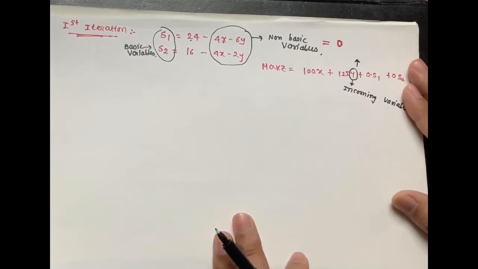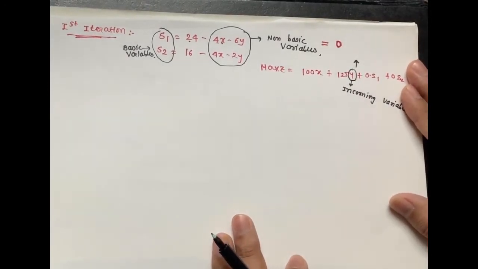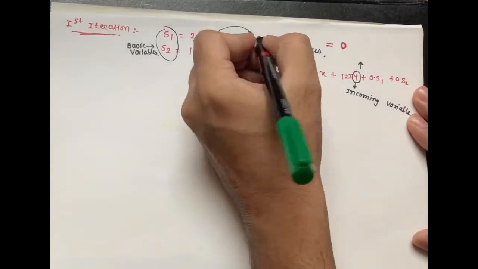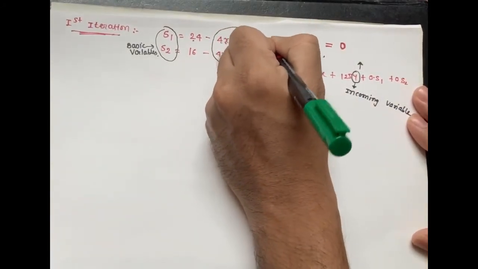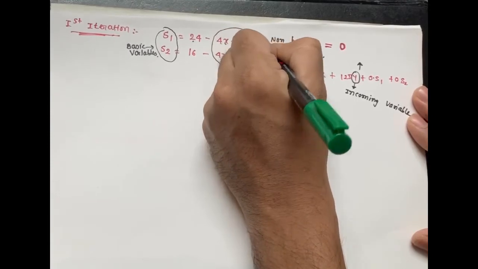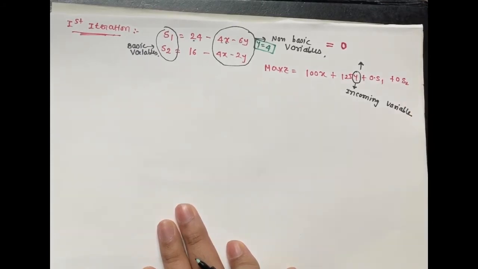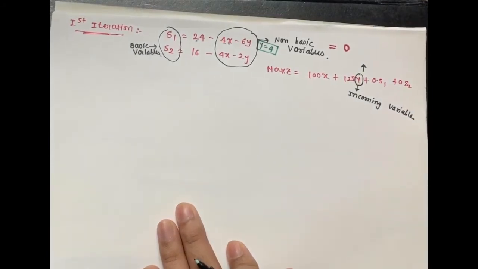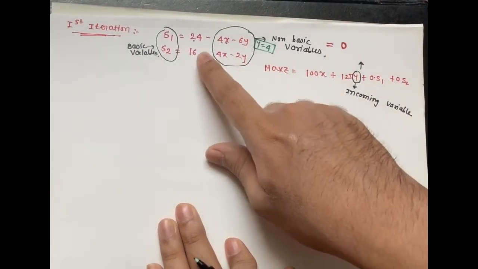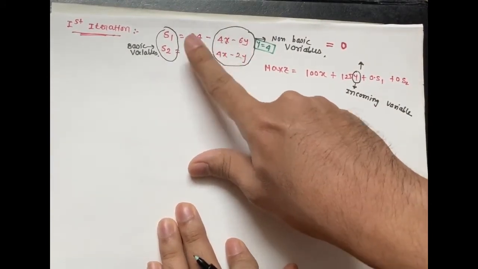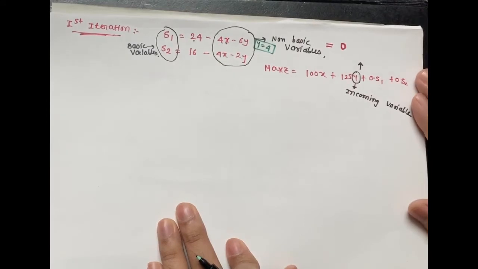The value of s1 is positive. So what is the maximum limit by which I can increase the value of y? If I increase the value of y up to 4, at that time I'll get the value of s1 as 0. 24 minus 6 into 4, that is 24 minus 24, gives a value of s1 equal to 0.